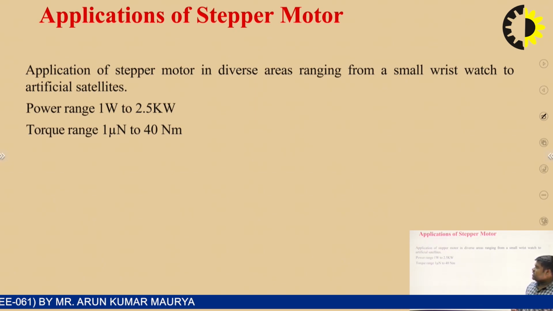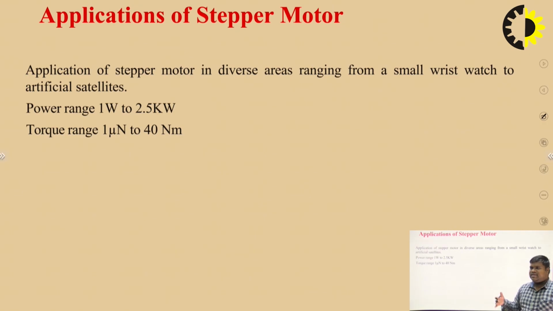If we see the applications of stepper motor as discussed earlier in the introductory session, this motor is widely used for electrical, electronics, defense, security, surveillance, pumps, conveyor belts, and other systems as well.